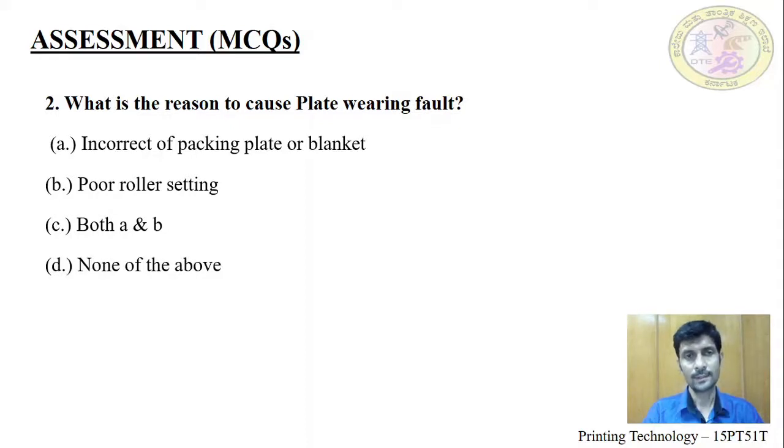To answer, the clue is: one is the improper packing given to the plate and blanket, and over pressure causes the metal wearing or plate wearing. The second is improper roller setting, which may cause a different pressure between the plate and blanket cylinders, or even the plate to inking rollers.